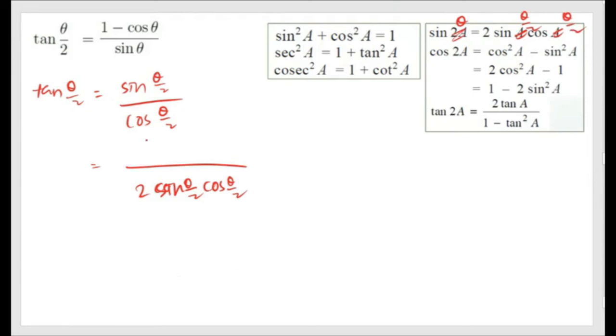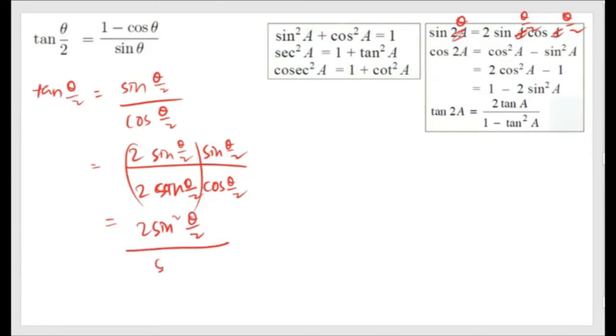So what you need to do, your bottom sine cos, so you up also sine theta over 2, multiply these two. Okay, multiply, add up. So we get 2 sine square theta over 2 over 2 sine theta cos theta is sine theta. Then 2 sine square theta over 2.